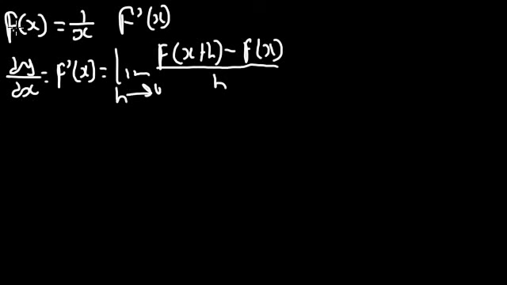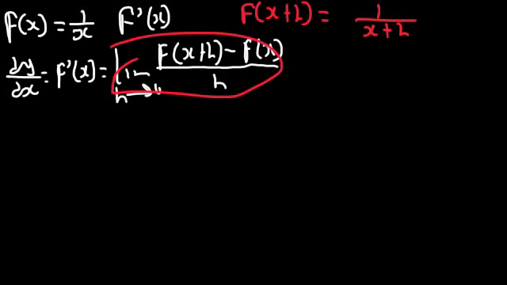Now since f of x is 1 by x, then f of x plus h, which I'm writing right here, means wherever we see x in f of x, we should replace it with x plus h, which means f of x plus h becomes 1 by x plus h. So now I can substitute in the first principle formula.